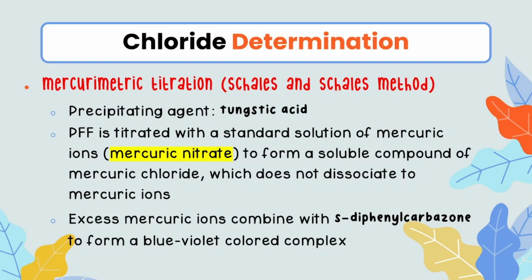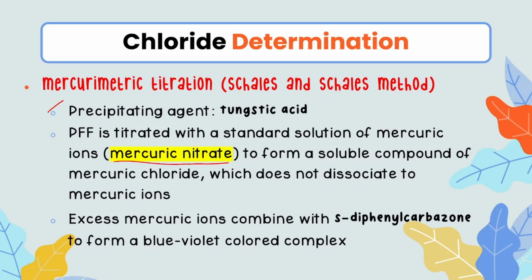So, other test pa would be your mercurimetric titration, also known as your Schales and Schales method. Now, here, we need a protein-free filtrate, and that is why we need to use a precipitating agent, which is your tungstic acid. Now, this protein-free filtrate, or your PFF, is then titrated with a standard solution of mercuric ions, or specifically your mercuric nitrate, as highlighted here, to form a soluble compound of mercuric chloride which does not dissociate to mercuric ions.